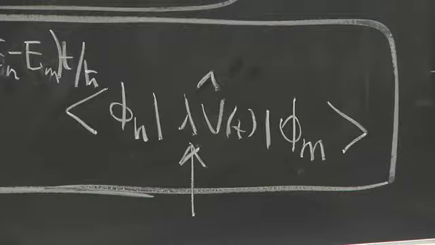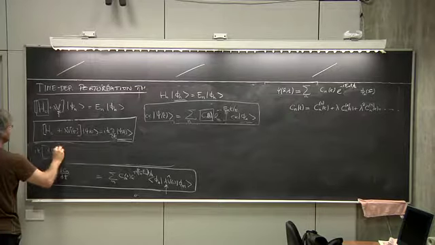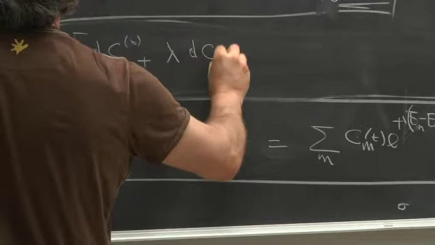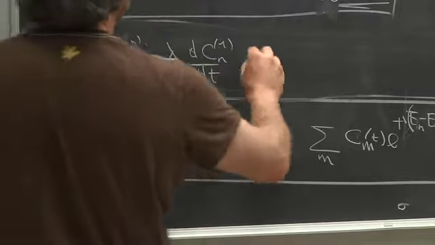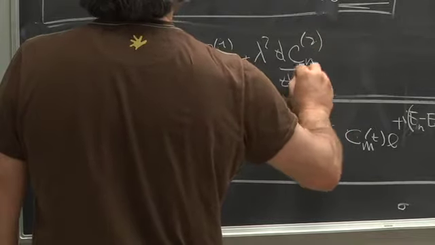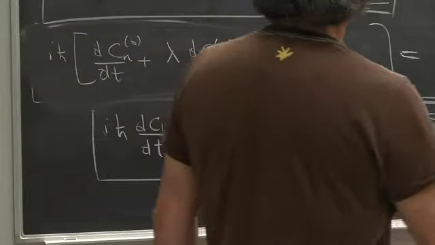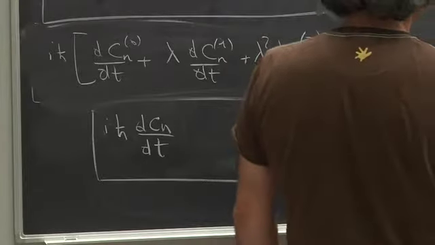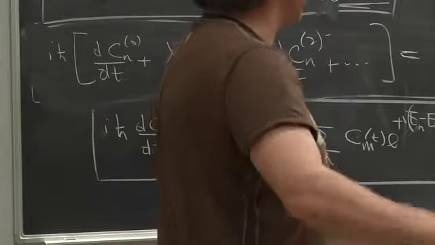So on the left I have i h bar, then I have the derivative of C0 with respect to time, plus lambda, the derivative of C1 with respect to time. Well, I should put the n, really, everywhere. Plus lambda squared, the derivative of C2 with respect to time, plus dots, equal to, on the right-hand side, sum over m of C0m plus lambda C1m plus lambda squared C2m plus dots. There is a t obviously here, but let me write it. Times e to the i (En minus Em) t over h bar, times phi n lambda V phi m.